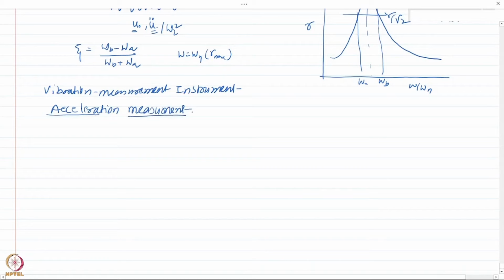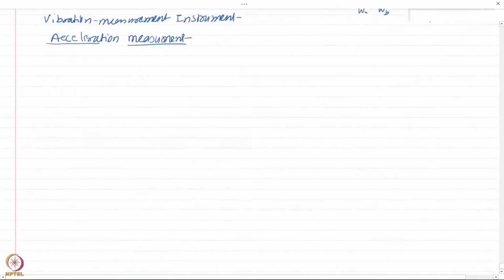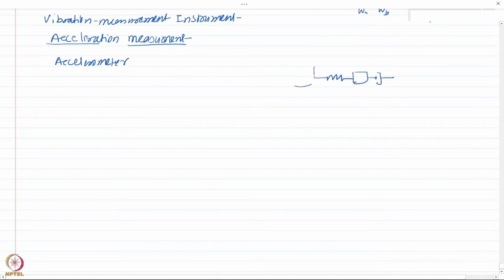Now acceleration in the laboratory is measured using, as I said, something called an accelerometer. In its simplest form, an accelerometer is nothing but a spring mass damper system inside a small rigid box, something like this.